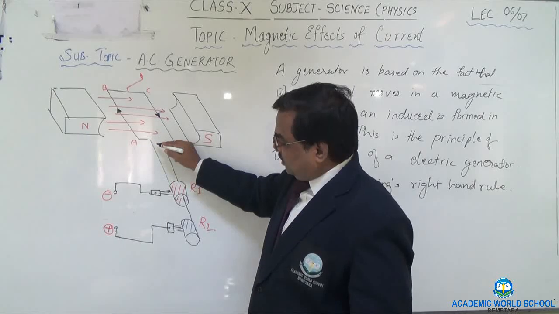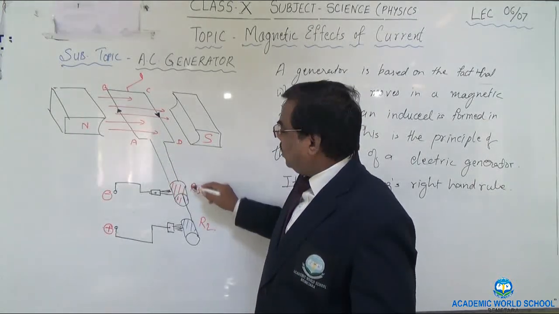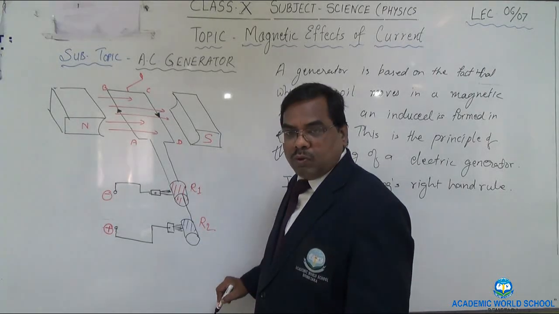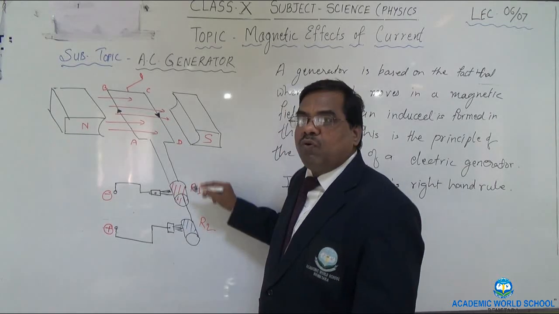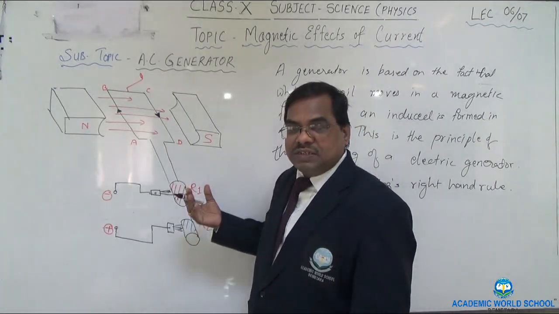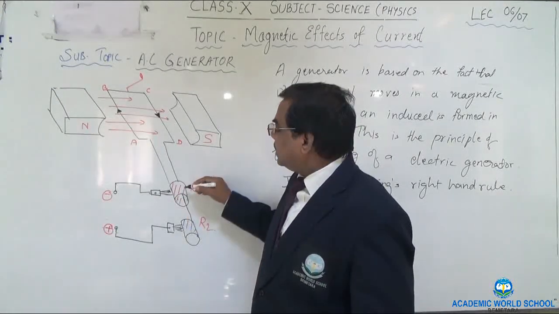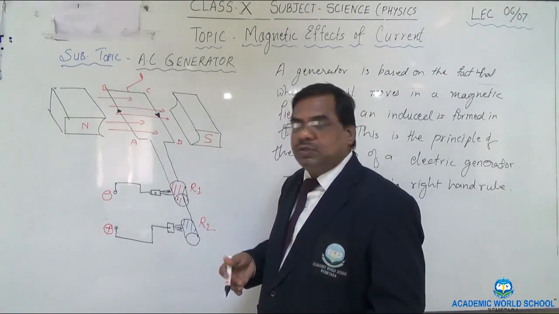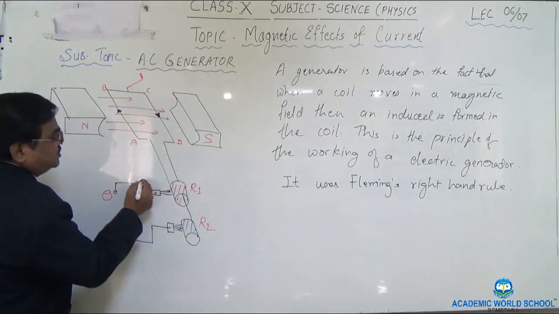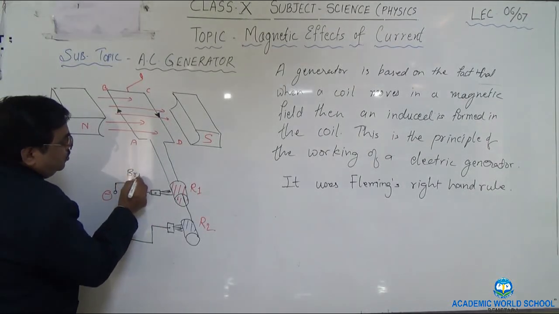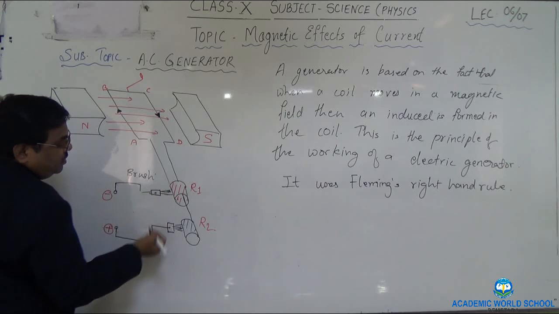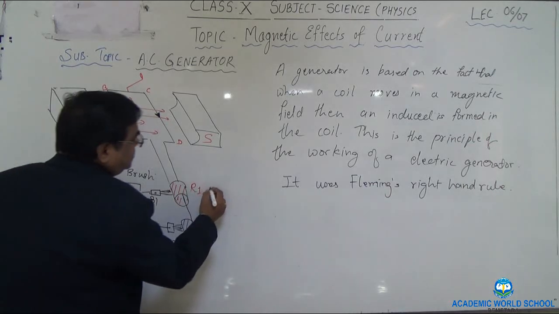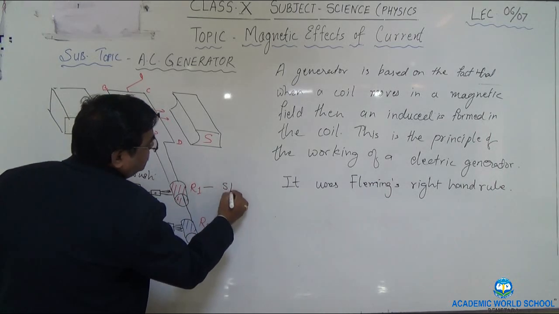Now this ABCD is a rectangular frame on which the wire has been wound. The ends of this are connected to the rings R1 and R2, with D connected from inside passing to R2. You will get electricity at these two points R1 and R2, and from here you have to draw it out. For that I have brushes, B1 and B2.